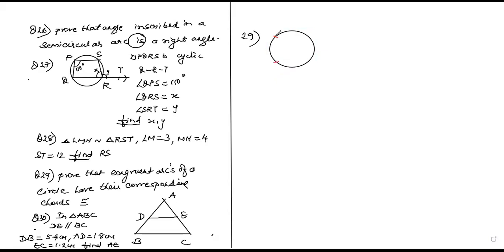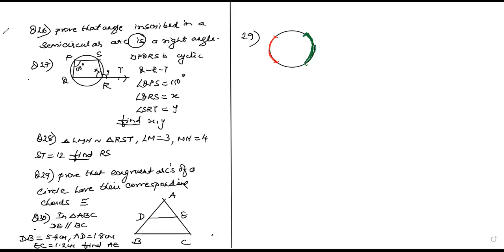This arc, suppose red color arc, is congruent to the green color arc. The red arc is congruent to green arc, okay?